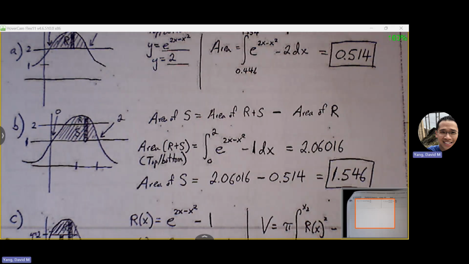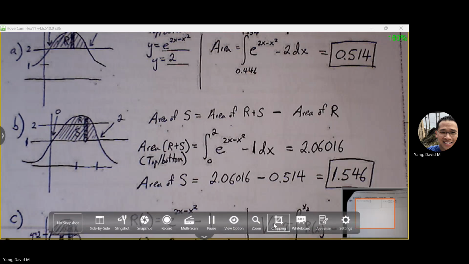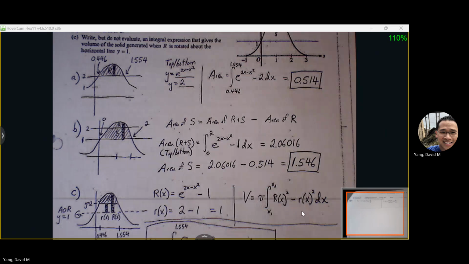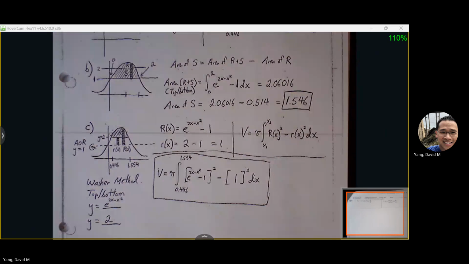All right, part C. The bounds we can reuse for part A since our shaded region is the same as part A.